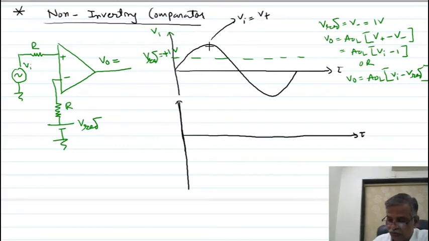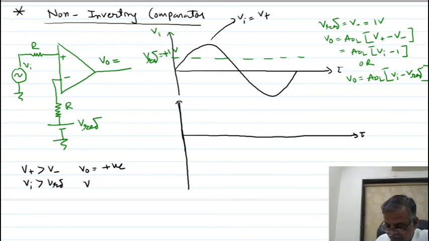Now you know that when V plus is greater than V minus, then VO is positive. When Vi is greater than V reference, then VO is positive, meaning plus V sat, nearly about VCC.